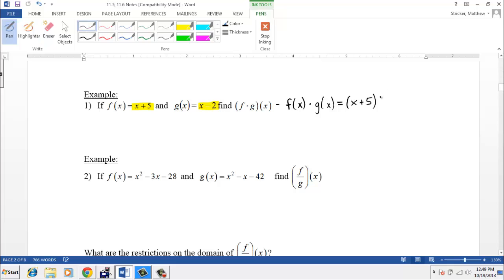So it'll be x plus 5 times x minus 2, which again we should probably simplify. So this is x squared minus 2x plus 5x minus 10. Combining like terms, we get x squared plus 3x minus 10. So f times g of x is equal to x squared plus 3x minus 10.